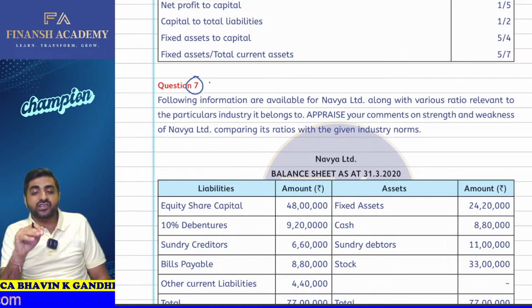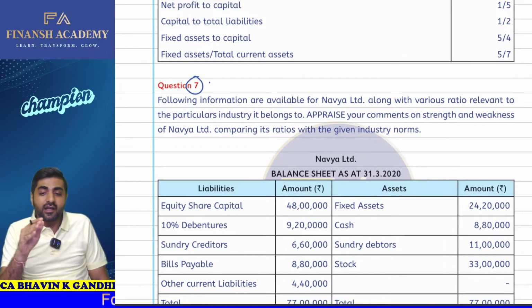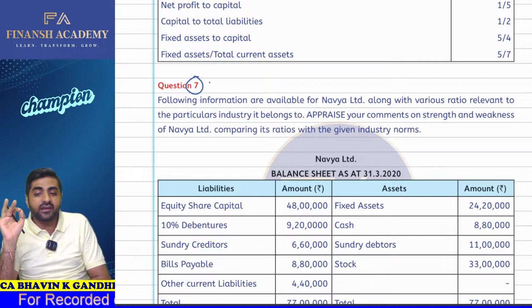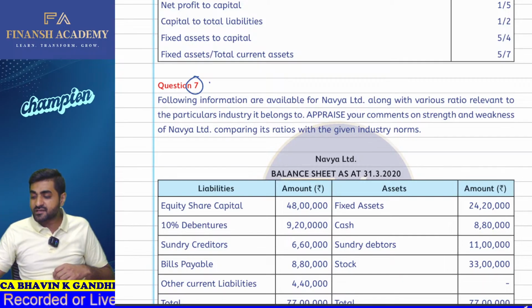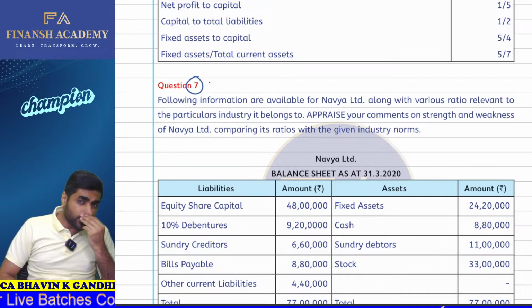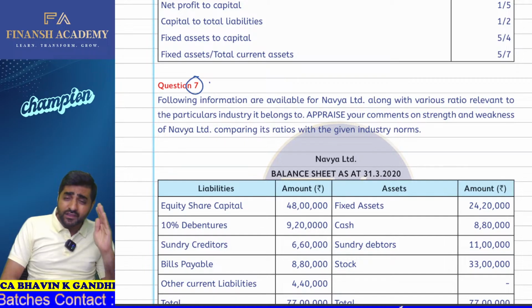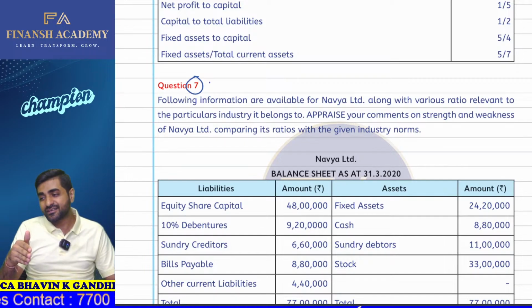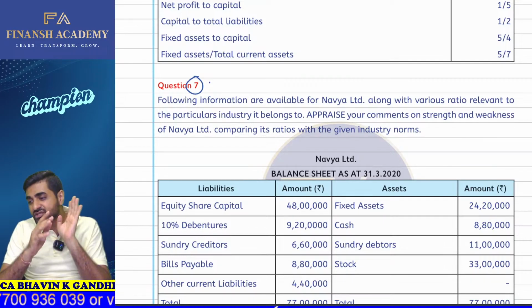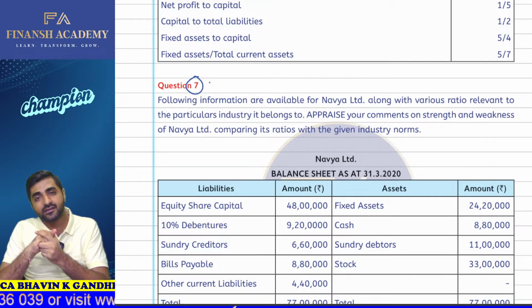Appraise your comments on the strengths and weaknesses of Navia, comparing its ratios as compared to the given industry norms. So in this question, we are going to take the ratios of the company and compare them with the industry standards, and that's how we'll get the final answer.